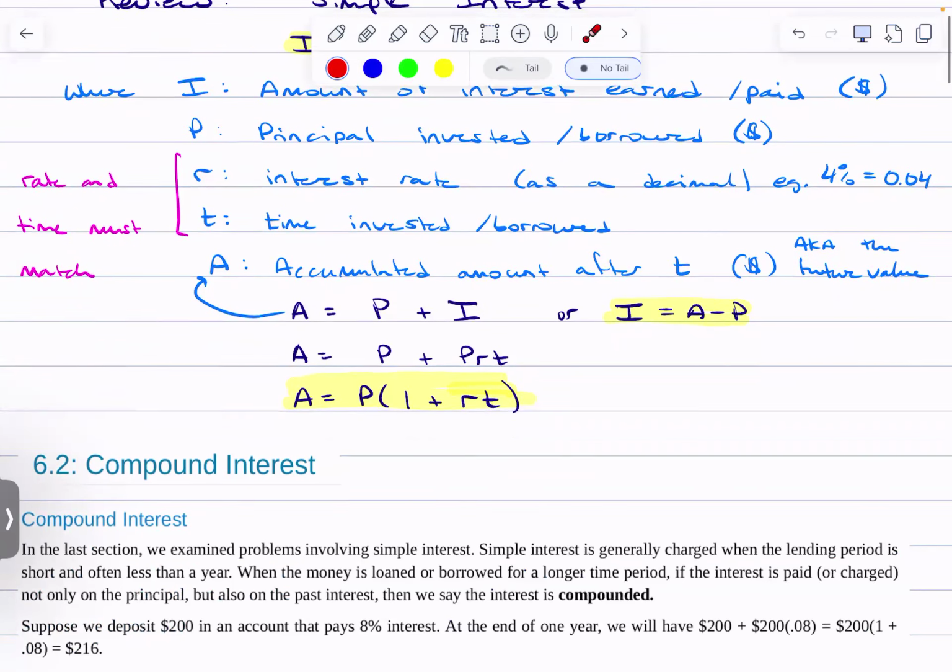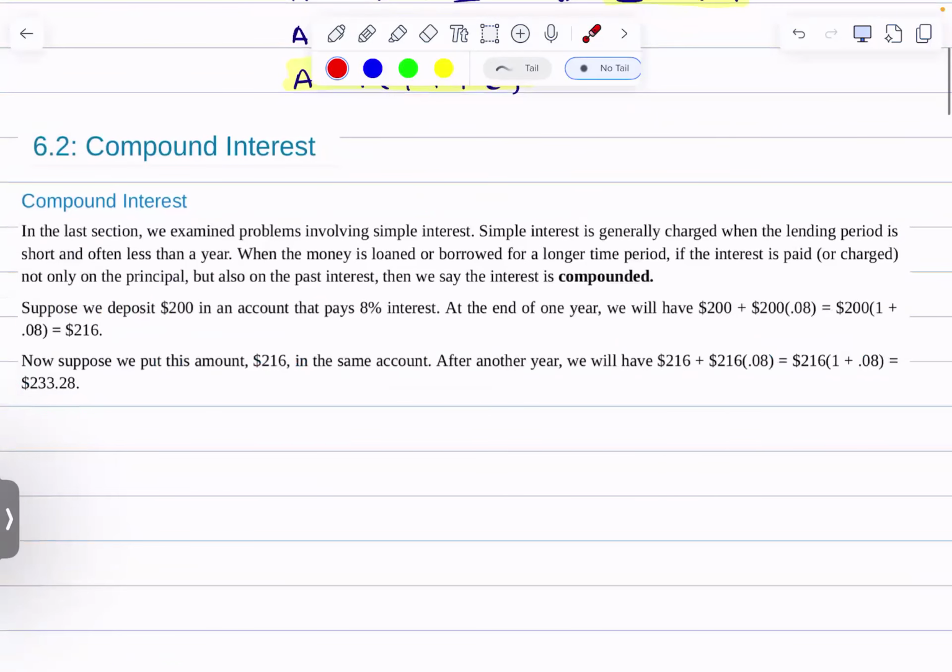And so what we saw last day, we did a little example where we said, okay, what if I invest some amount of money? Let's say I invest $100, and after a year, I've made $10 in interest. Wow, that's a nice interest rate. So now at the end of the first year, I have $110.